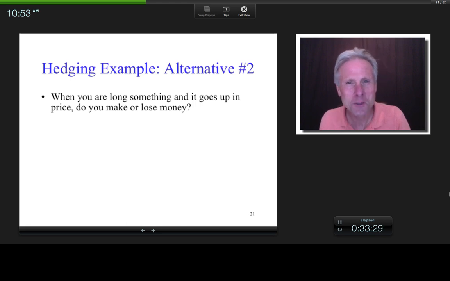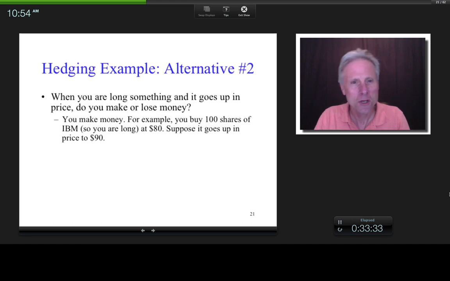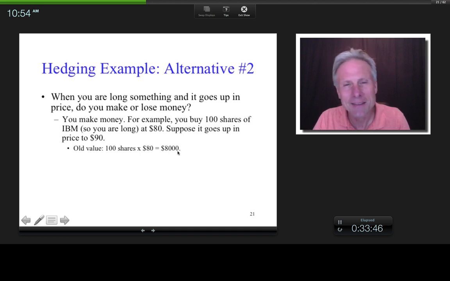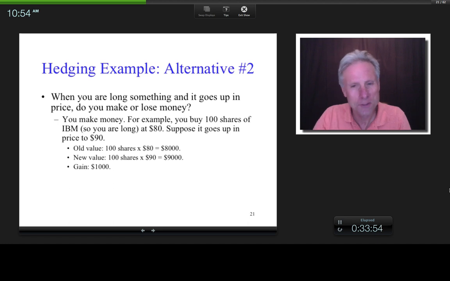Is that going to be happy face or sad face? Happy face, right? So when you're long something and that something goes up in value, you've made money. In this example, we buy 100 shares at 80, so we have something that's valued at $8,000 when we buy it, and then it goes up to $90. Now it's valued at $9,000. So we've made $1,000.